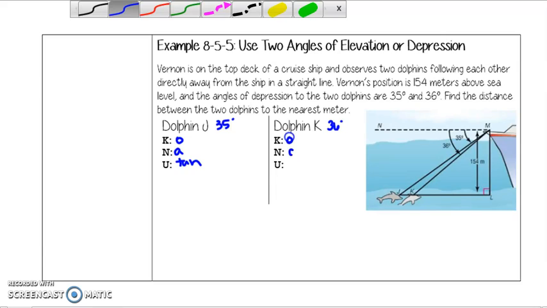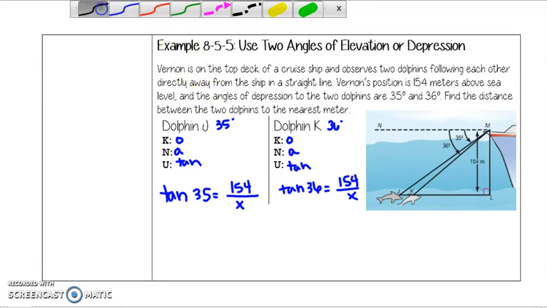We know the O, we need the A, so tangent for both. This one is tangent 35 equals the opposite, 154, over the adjacent, the unknown x. This one over here is tangent 36 equals 154 over the unknown. So we switch those, and x equals 154 divided by tangent 35, which gives us 219.9348.